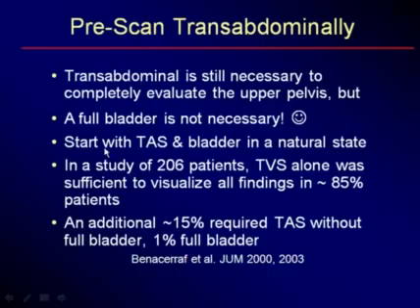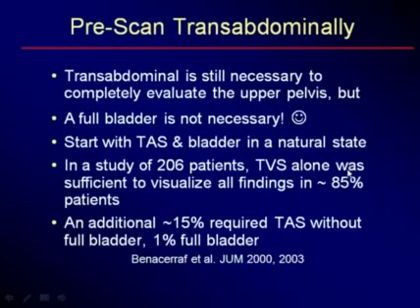We look at them quickly, spot check transabdominally, have them empty the rest of their bladder. In the meantime, quickly set up the transvaginal probe and do the examination. We do have some evidence from an article out of Boston in a study that they did on 206 patients.